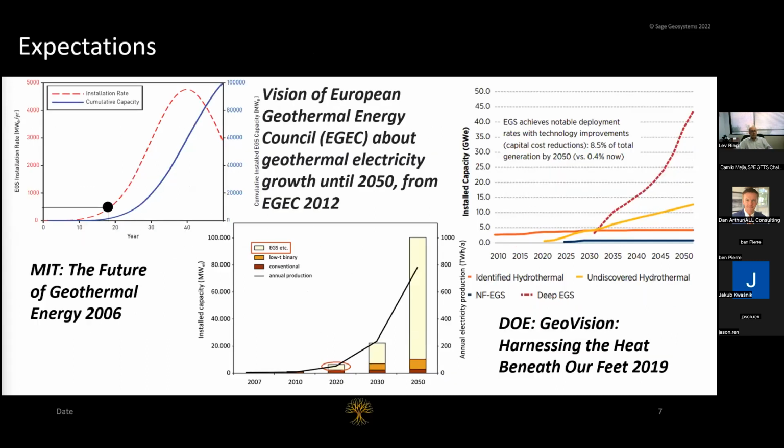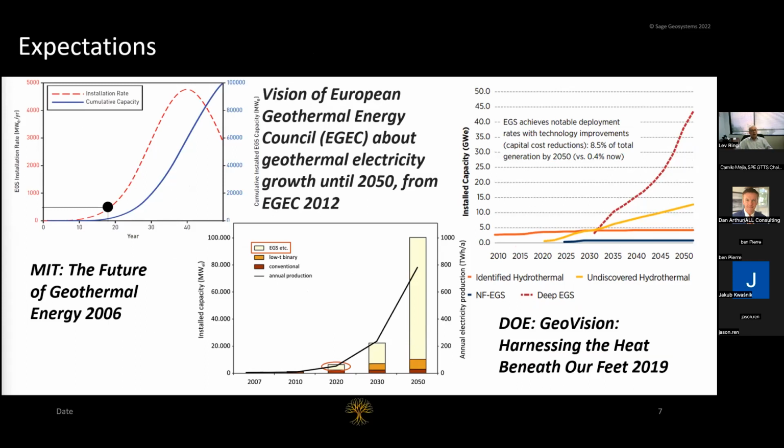But if you look at projections of where enhanced geothermal systems were supposed to be and where they are now, there is a problem.